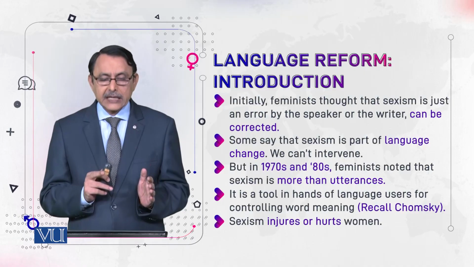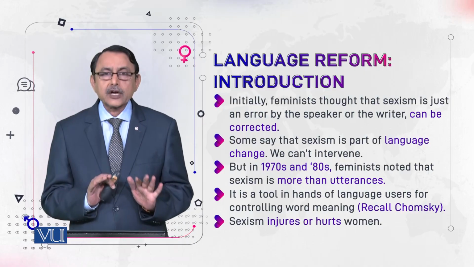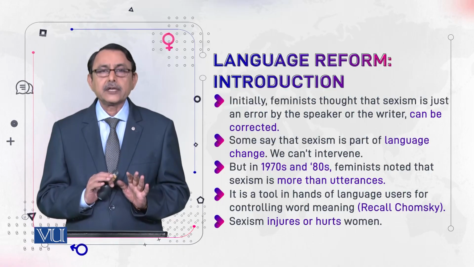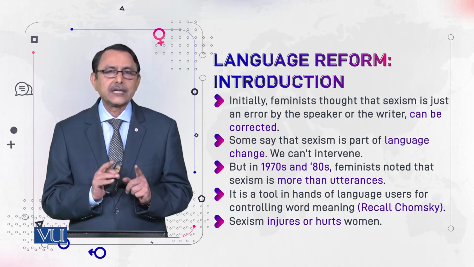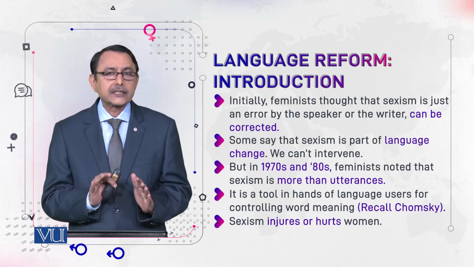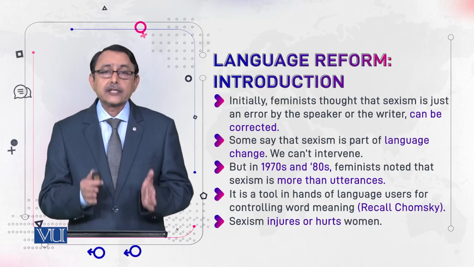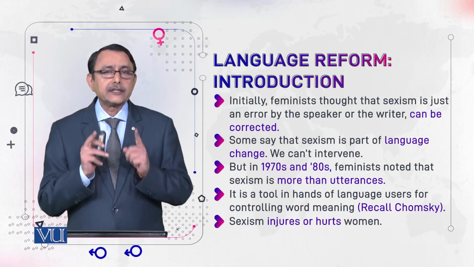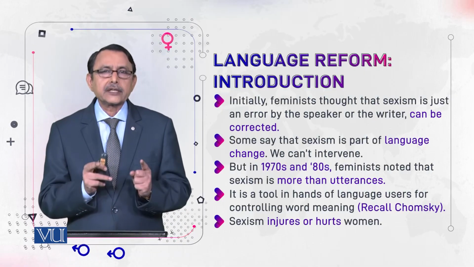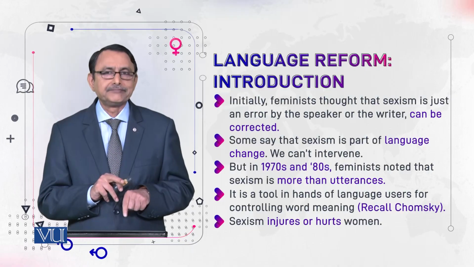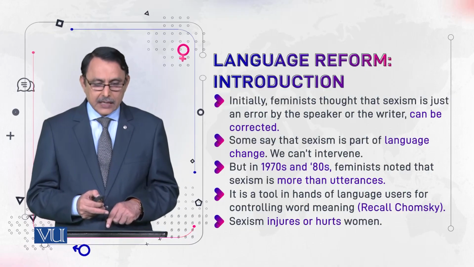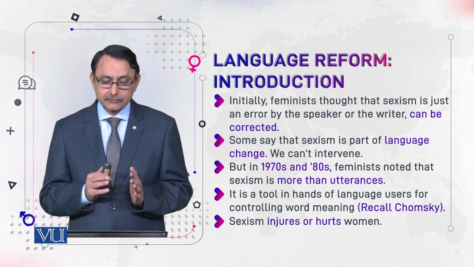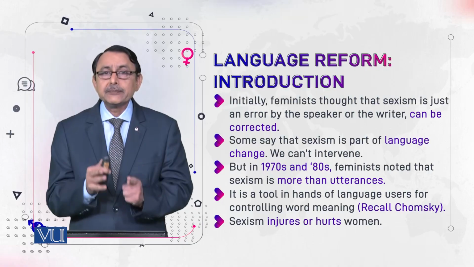They noted that sexism is not just a slip of tongue, it is more than utterances. They are not just statements. There is some ideology behind these statements. If we correct language, we can correct that ideology. It is a tool in the hands of language users for controlling word meaning.